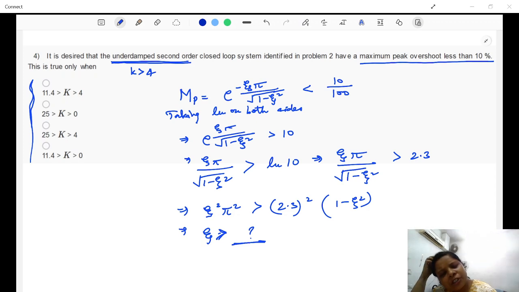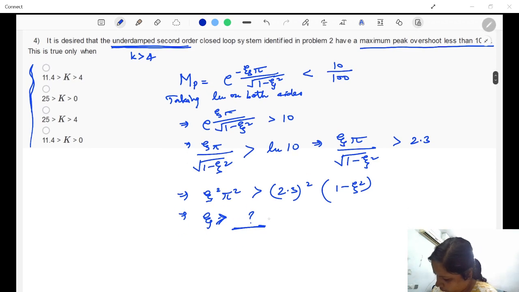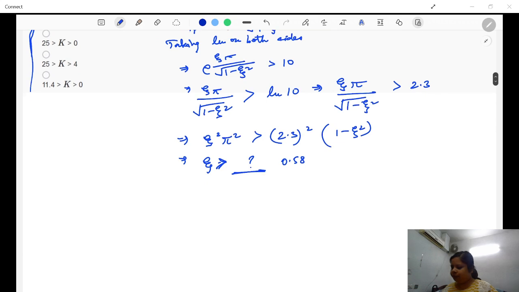It's very simple now. You just have to find out the value of zeta. Zeta value 0.58, ma'am. 0.58, right? Very good. 0.58. So from here we can say that zeta should be greater than 0.58.